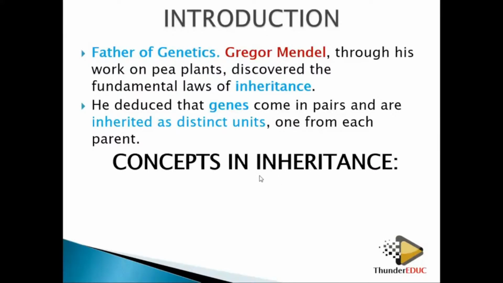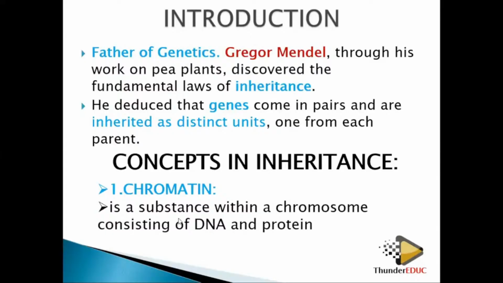So let's look at some of the concepts of inheritance, meaning the terminologies. So chromatin. When you talk about chromatin, it's a substance within a chromosome containing DNA and protein. Basically, chromatin is DNA, but in this case, this DNA is like threads. Yes, it is in coiled form. When it coils, it forms what you call chromatin.